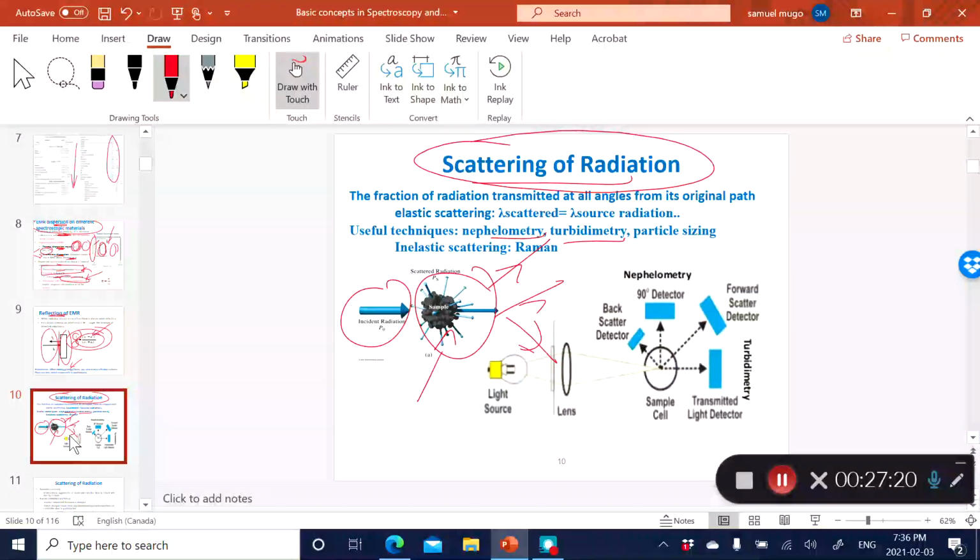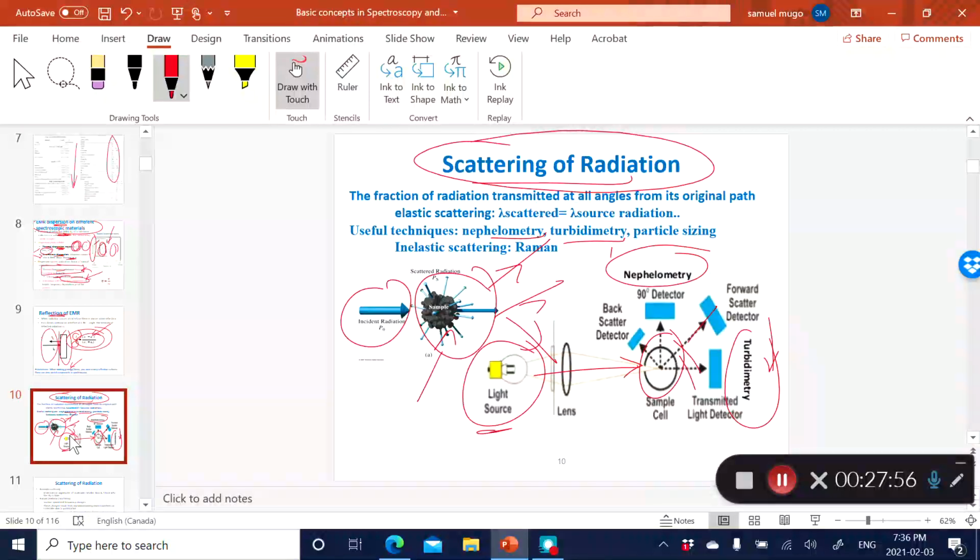The way it works is you just shine light through the sample in a cuvette. And if you've got a lot of dissolved solids in it, of course, you're going to get the incident beam being scattered by the particles that are present in the sample. Now, the difference between nephelometry and turbidimetry is all based on the positioning of the detector relative to the incident light source.